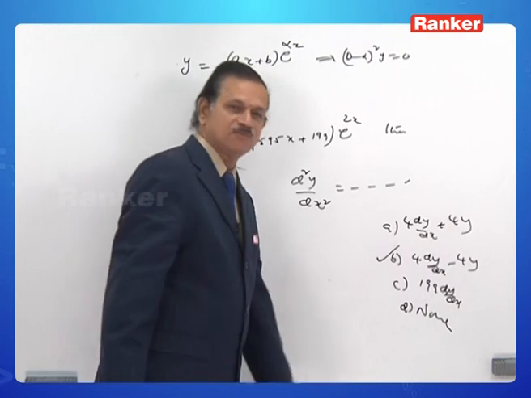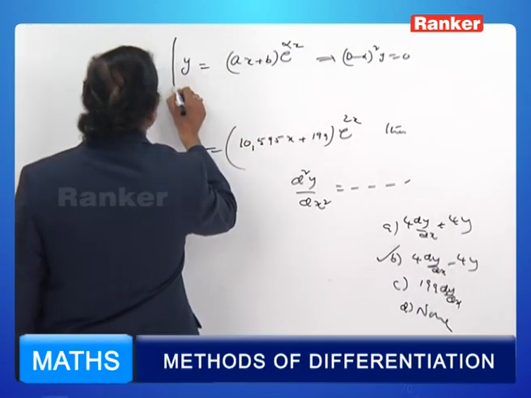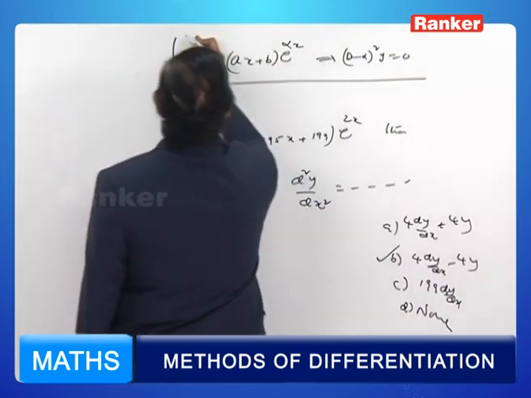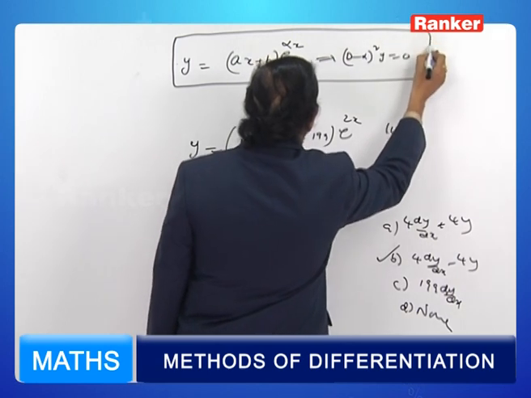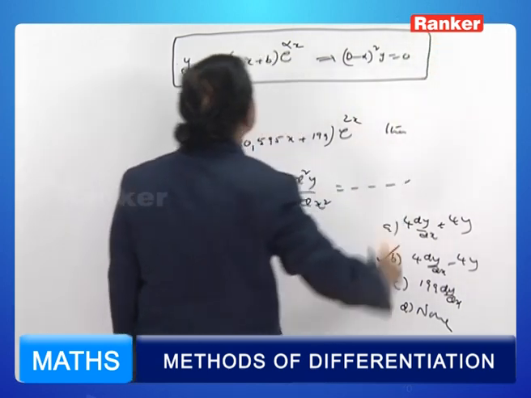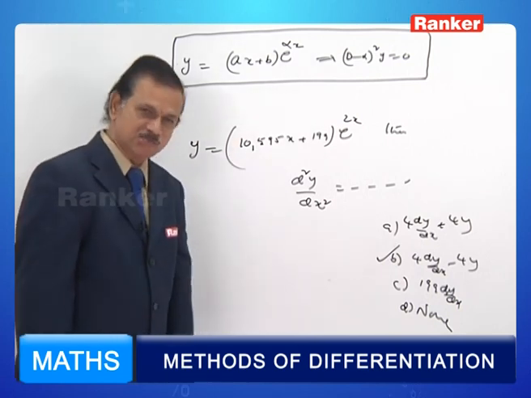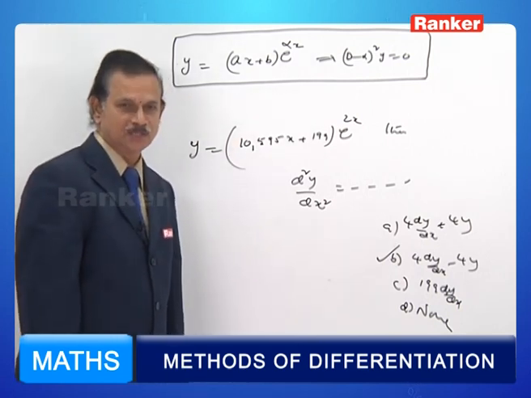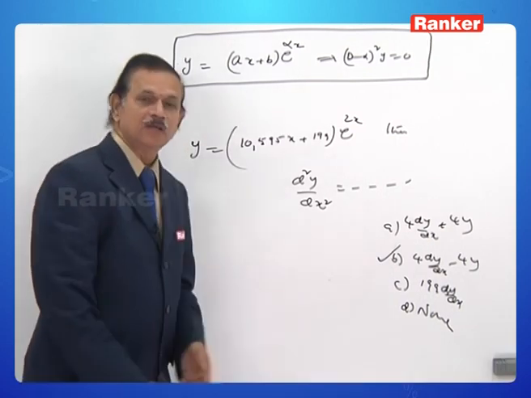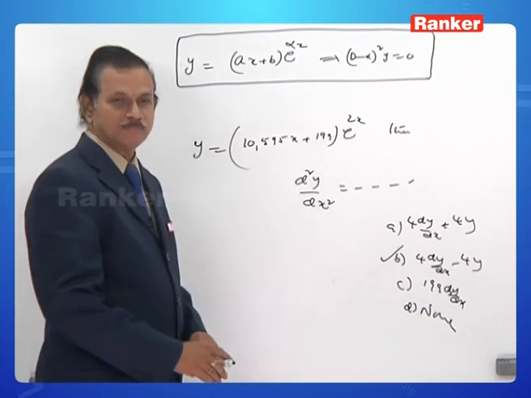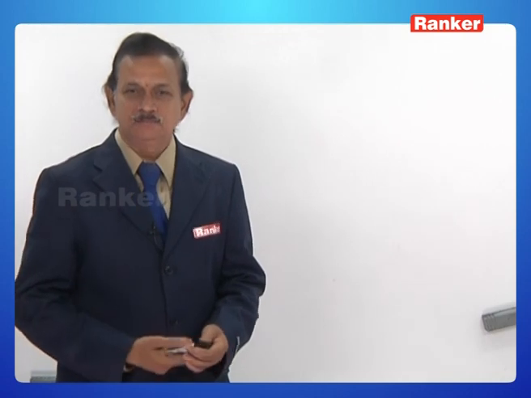So the right option is B. So you please remember this one also. These are beautiful, useful, important results in which problems in successive differentiation can be made and can be solved very easily.